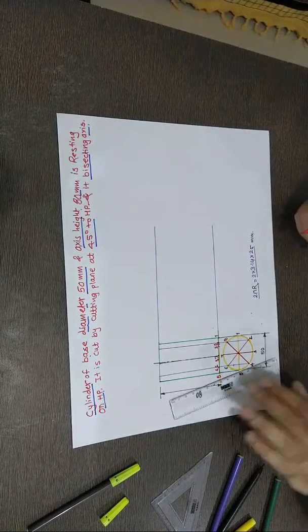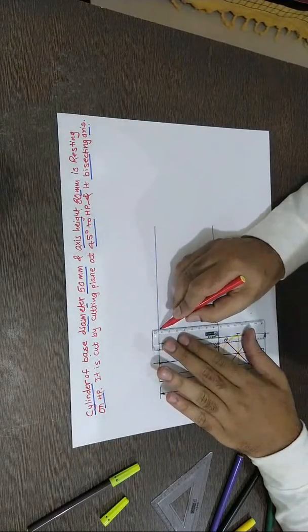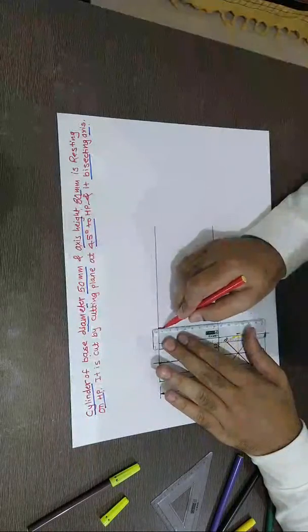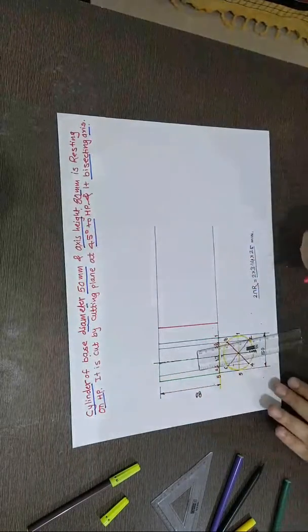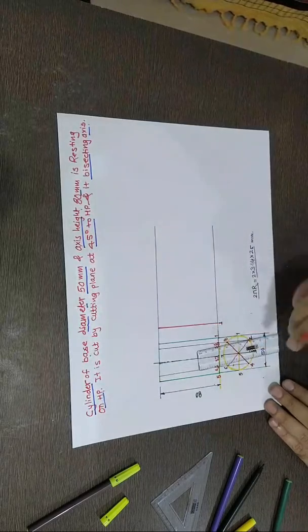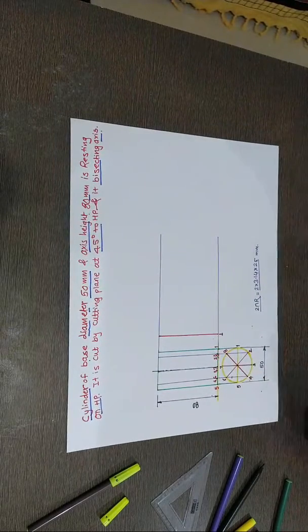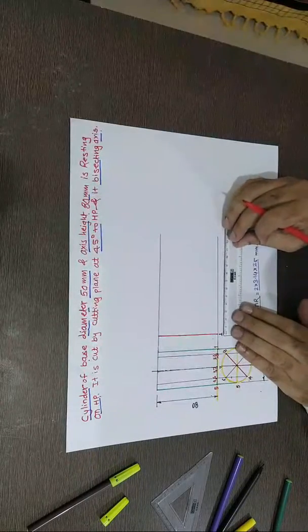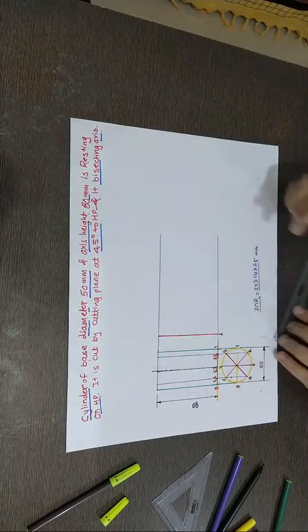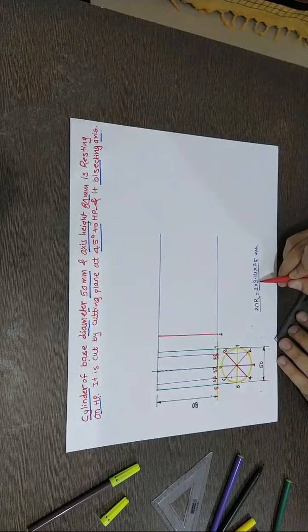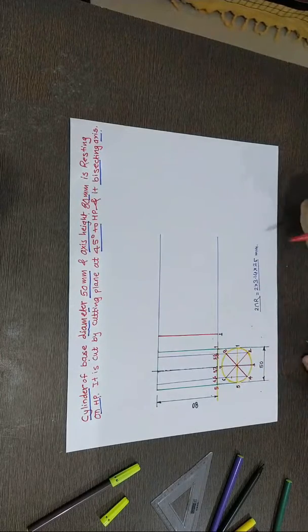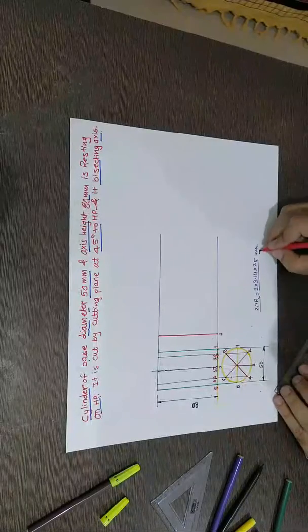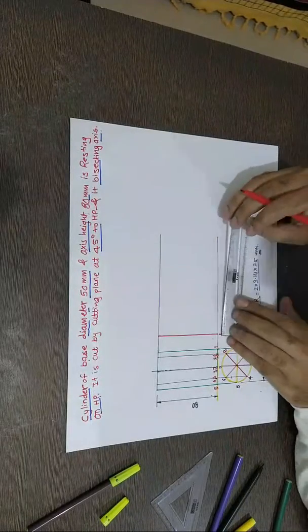Now from this reference, suppose one point parallel to this, calculate this pi d distance and mark here. So that is 25 into 2, 50 into 3.14. So mark this distance as the perimeter here.